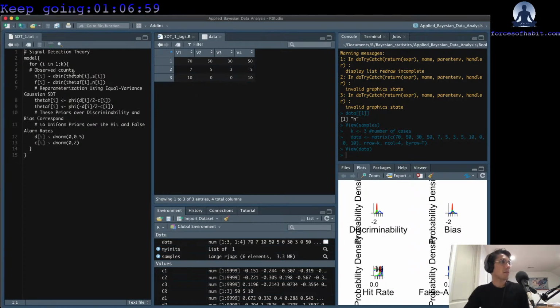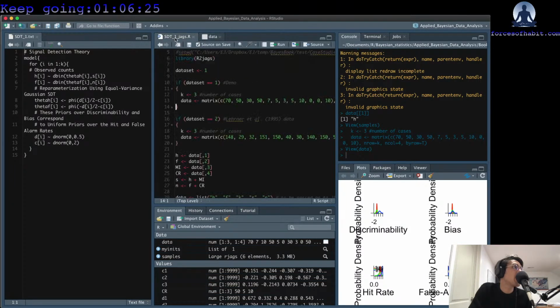So for each of these cases, so for each of the data sets here, we're going to model the hits and false alarm rates as binomial distributions with these hit and false alarm rates. And in this case, S and N. So for the first case, S and N are equal to one another, right?